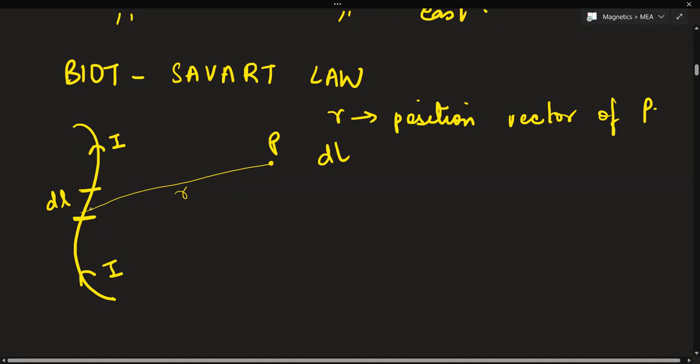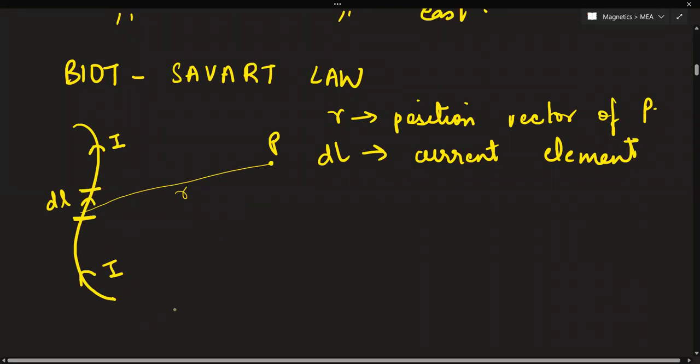By convention, this is named a current element, and dl is represented as a current element. Since it's a part of this wire, the direction of the current is the same as the direction of dl, because we have taken a smaller portion of the wire only.